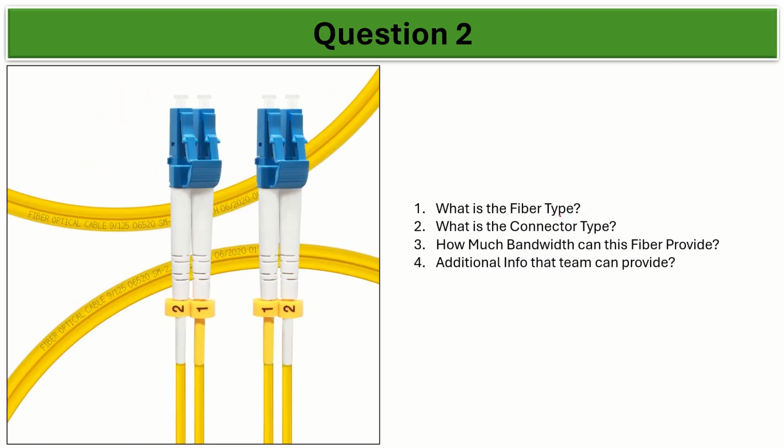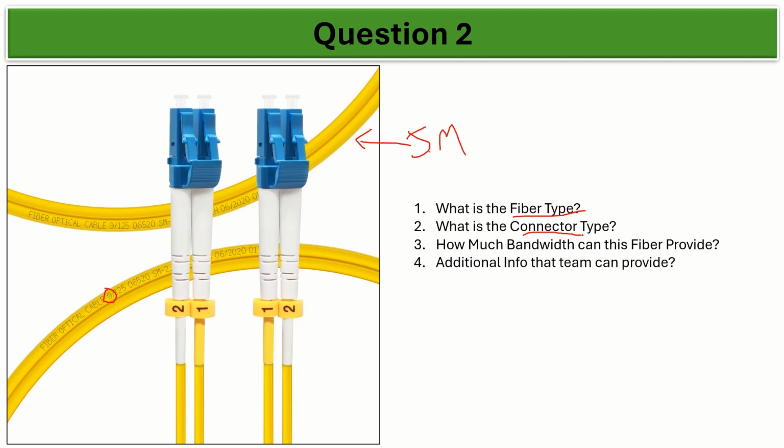Next question is this yellow colored fiber patch cord, and what is the fiber type? Yellow represents single mode. And if we look here, we have an abbreviation given as 9. So 9 micron is obviously the significance of single mode fiber patch cord.